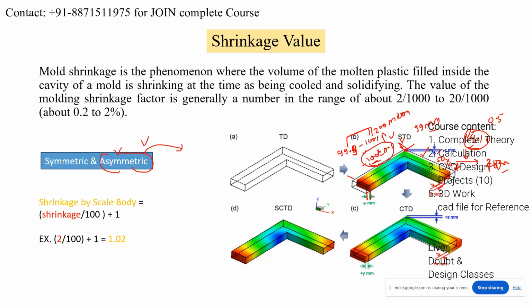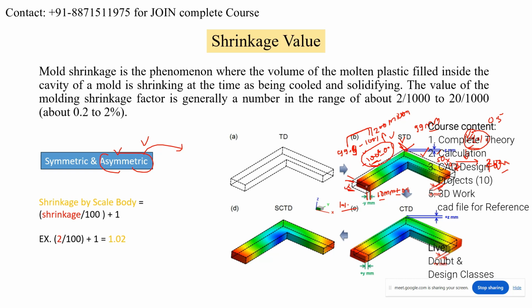So we can take asymmetric shrinkage for that specific dimension also, right or wrong? Right. Understood? Now, for example, we have a 10 mm dimension, and for the 10 mm dimension we need plus minus 0.1. So for this we can provide 1% shrinkage.